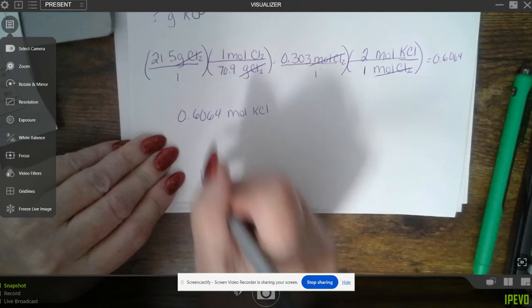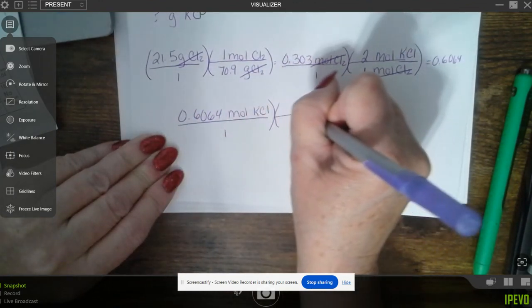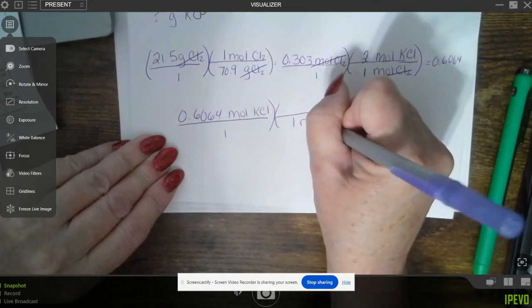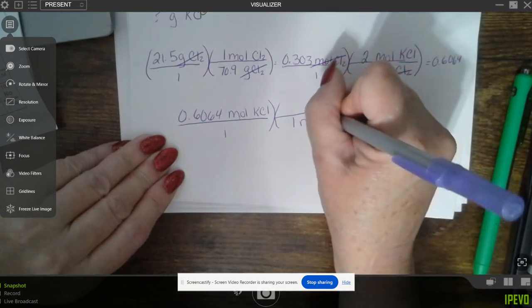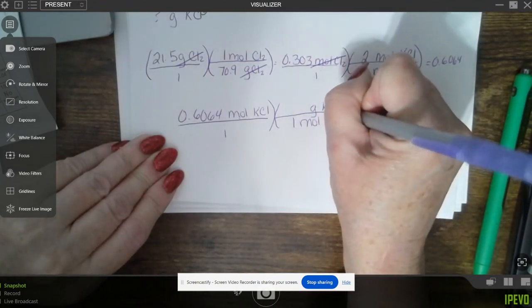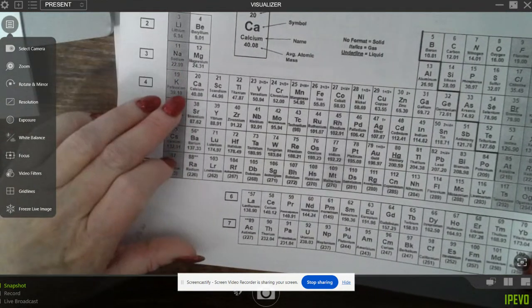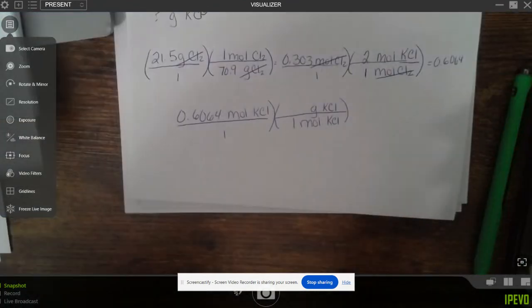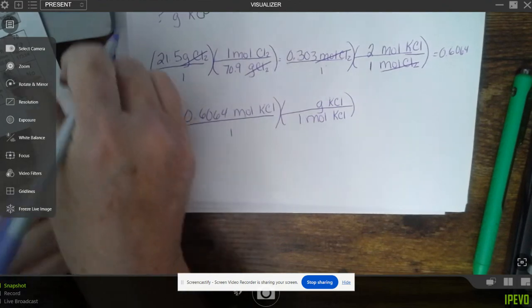Okay. And this is my final step. All right. So 1 mole goes down here. 1 mole of KCl. And we're looking for the molar mass. So we're looking for grams of KCl. That has to come from the periodic table. So potassium has a molar mass of 39.1. I'm going to write this down here in the corner. 39.1.